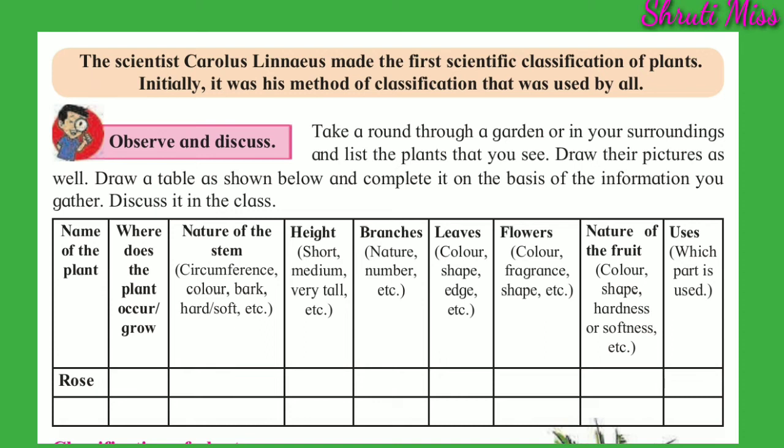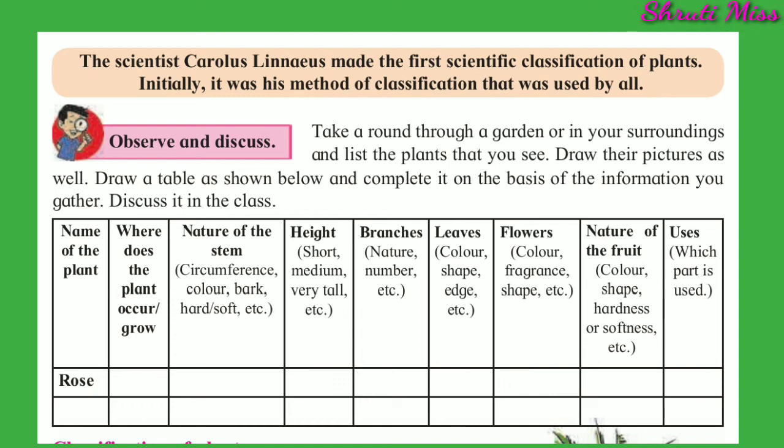Draw their pictures as well, and draw a table as shown below and complete it on the basis of the information you gather. The table has the name of plants, where the plant occurs and grows, nature of the stem, height, branches, leaves, flowers, nature of the fruits and uses.